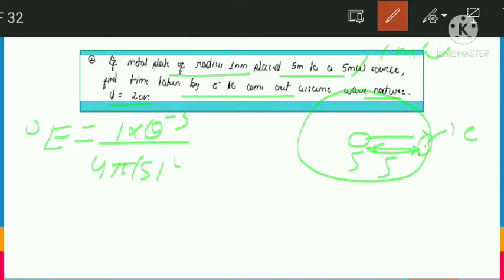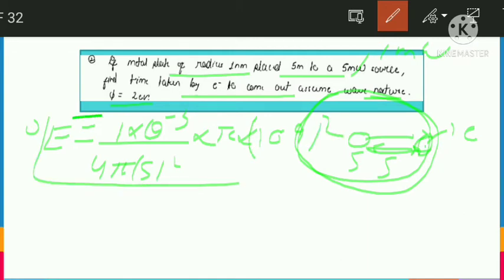So the energy on this small area is this multiplied by the area of the plate, which is pi into 1 nanometer, that is 10 to the power minus 9, whole square. This is the energy falling on that small area. Its value comes to be 10 to the power minus 20 joules per second, which is the energy falling per second on that area.